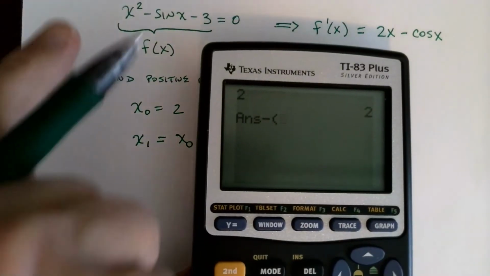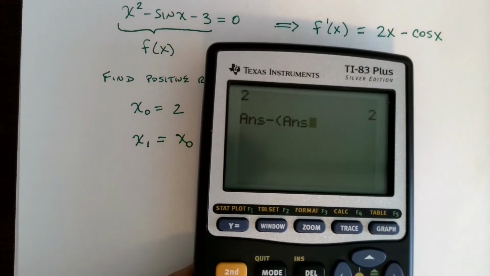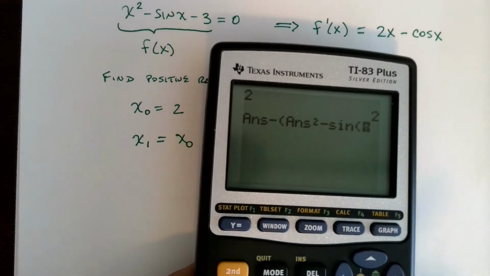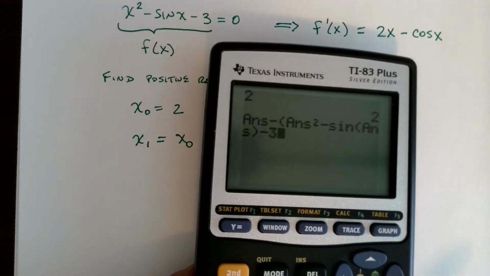So what's f of answer? Here's f of x. So that's going to be answer squared minus sine of the answer, minus 3. Close parentheses.